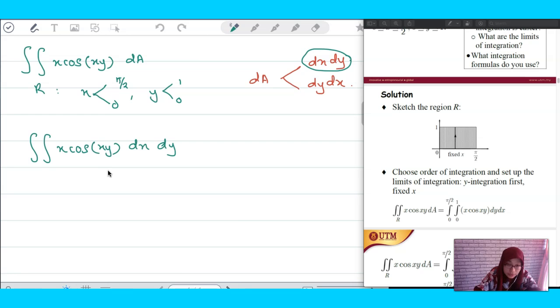Then we just substitute the limit for this particular x and y as given. So x from 0 to pi over 2, and then y is from 0 to 1.